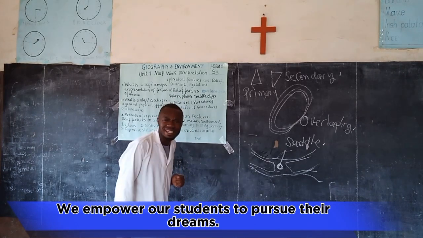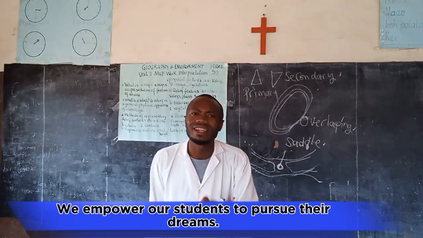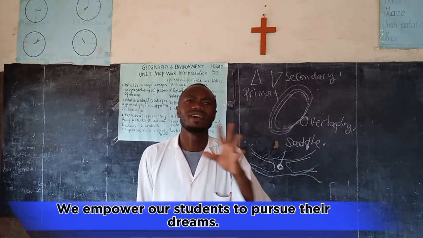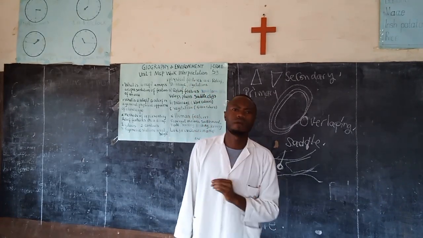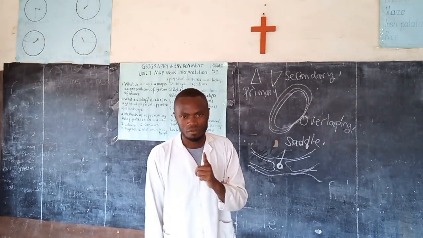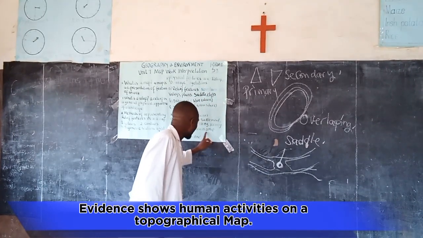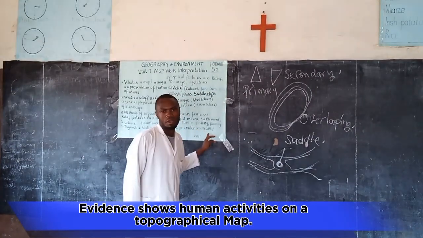How do we know the activities which are being done there? How do we see the activities on a topographical map? You need to see the evidence. What is evidence? Proof. Where can you find the evidence on a map?